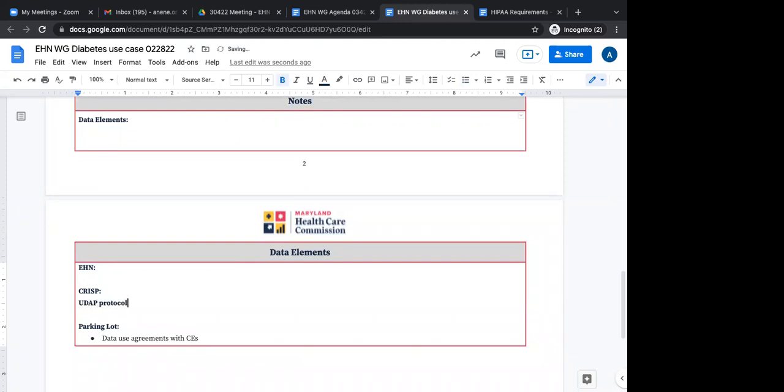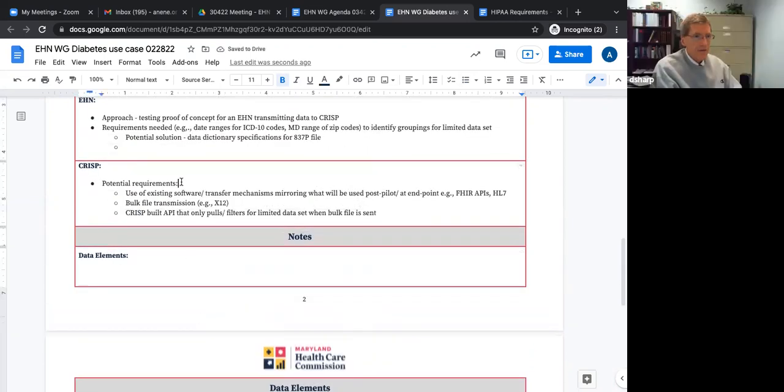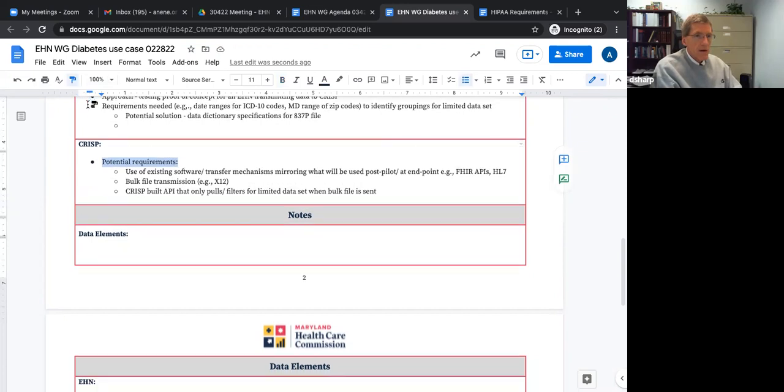So there's a lot more credence around migrating to FHIR APIs in the future. Okay, well, that's very helpful. That's extremely helpful. So thank you for that.